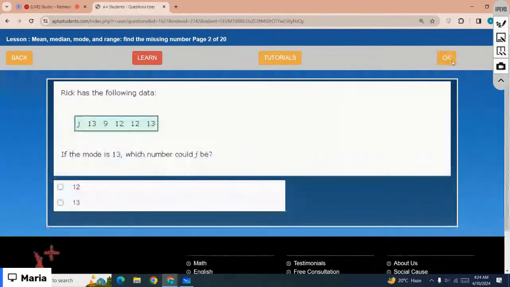Rick has the following data. If the mode is 13, what could J be? Which is the correct option?